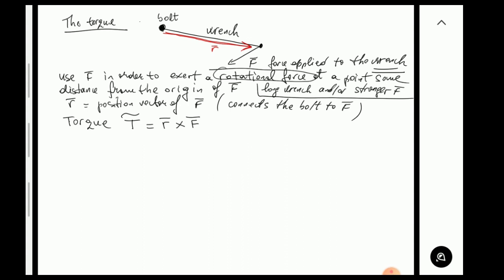Now, what you want, of course, in practice, is to maximize or to compute, depending on the case, the magnitude of the torque. That's the one that gives you an indication whether you have an easy time or a hard time actually rotating that bolt.